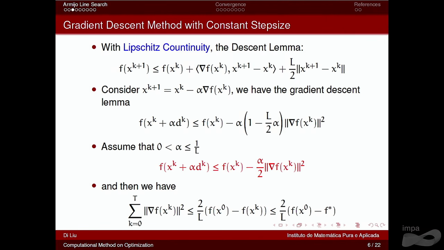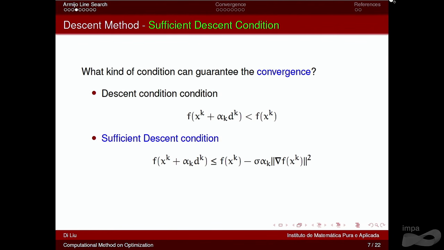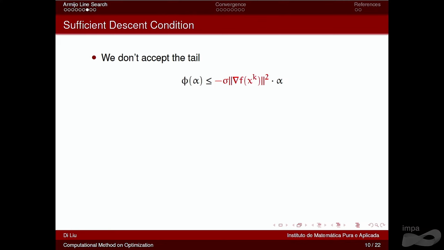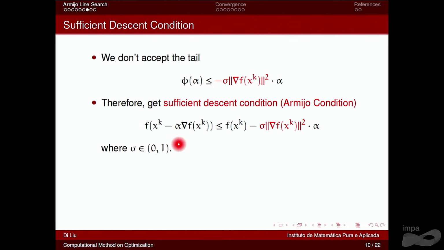But we still want to get something like this because this we know can guarantee the convergence of the norm of the gradient. So we want something like this inequality, which is called the sufficient descent condition. And finally we get it, from this inequality.